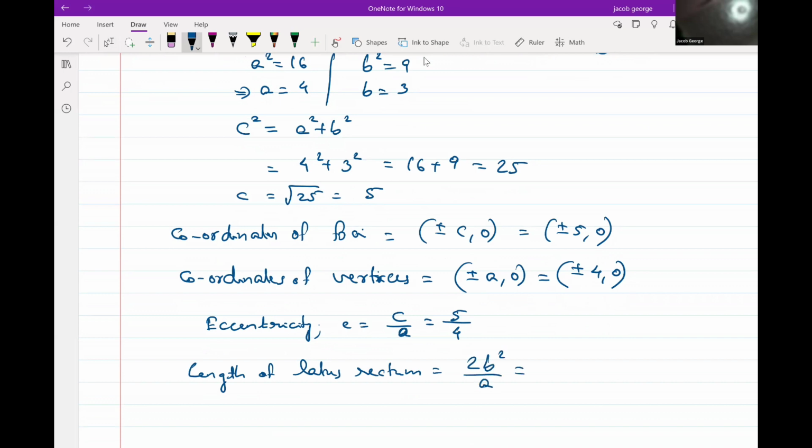That is 2 into b square by a, b is 3, so 2 into 3 square by 4. 2 and 4 will go 2. So we get 9 by 2 units, or 4.5 units. This is the length of latus rectum. Hope you all understood these writings.